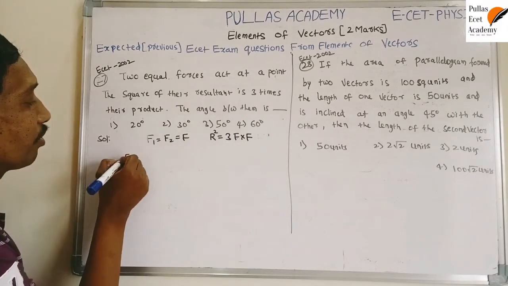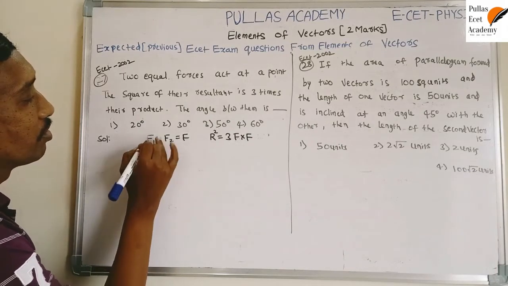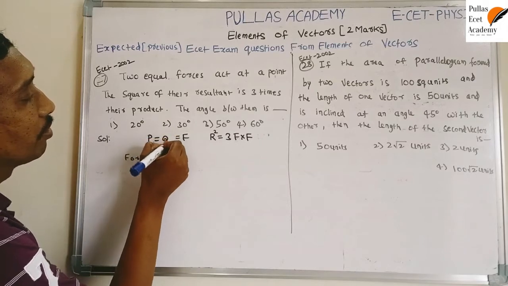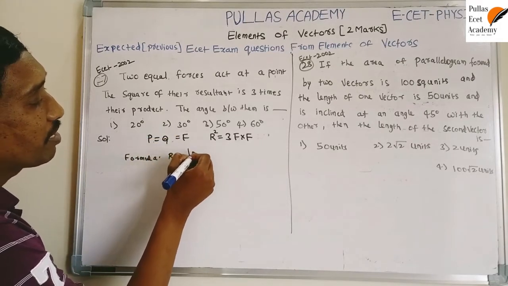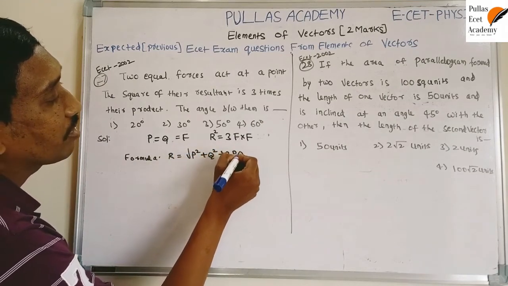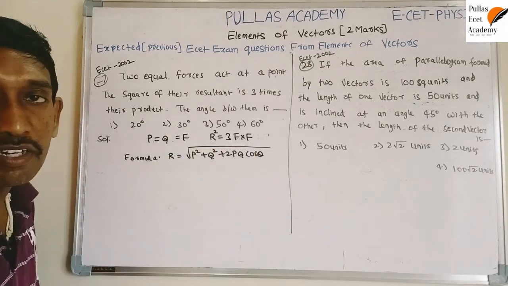According to the parallelogram law of vectors, if you consider the two vectors as P and Q, the formula is R equal to under root of P square plus Q square plus 2PQ cos theta. This is the formula for the magnitude of the resultant vector.